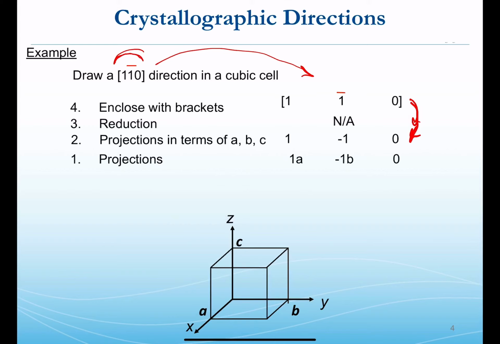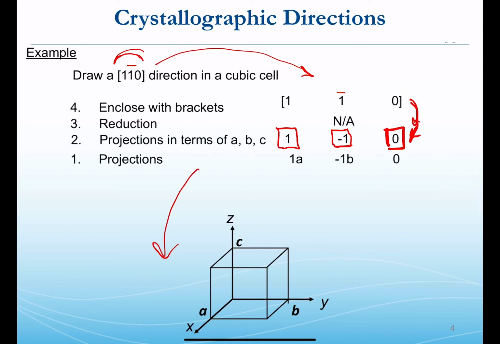You can see that overbar now is located as a -1 here on the central atom, and we've got a 1 positive on the x direction and a 0 on the c, or the z direction. So it appears that we're going to need to access the negative territory of the y-axis. So we're going to be out in this area with our direction.